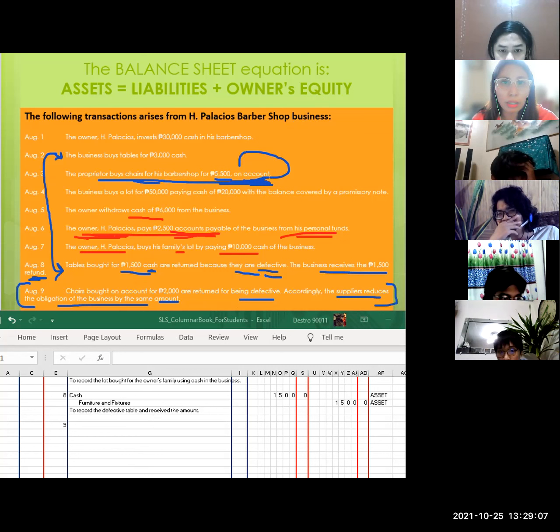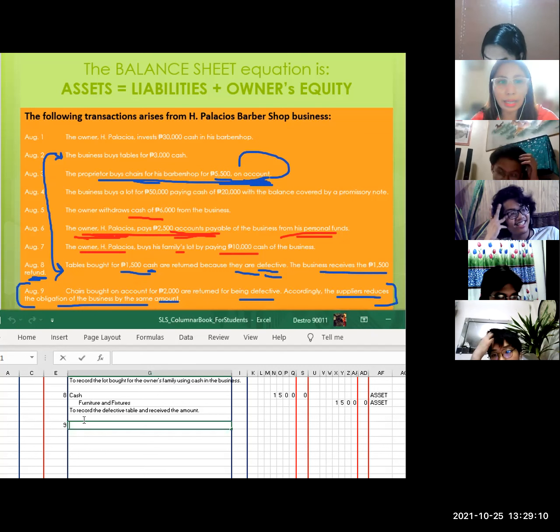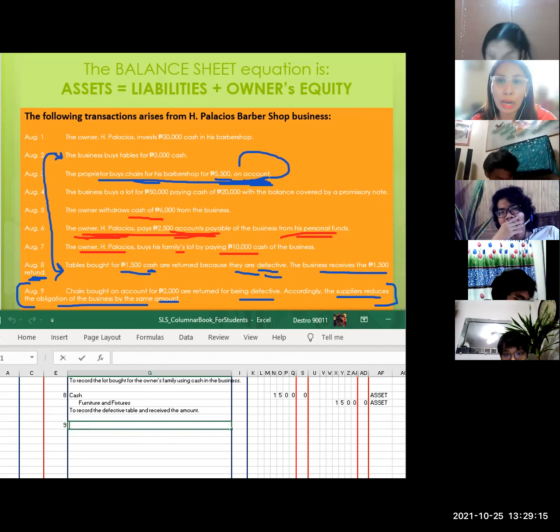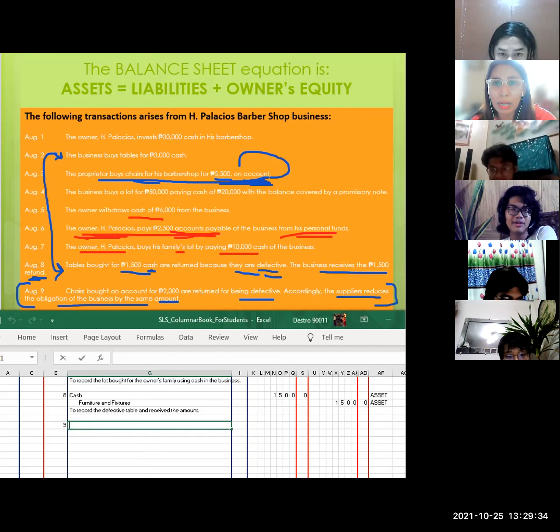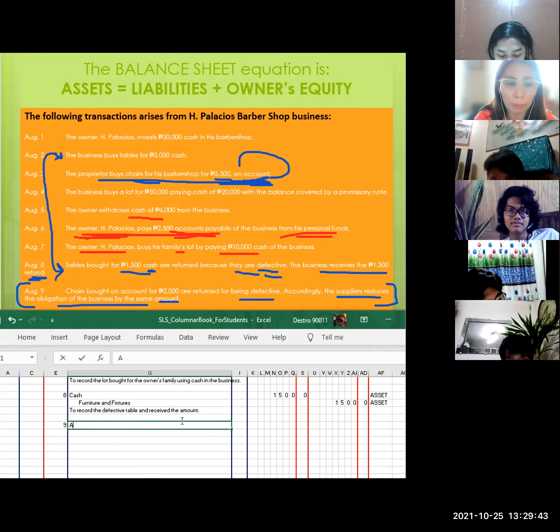Now, ng August 9, shares bought on account ay binalik ng 2,000 pesos for being defective. Sinaoli ng business yung share na binili, and then naka-receive yung business ng same amount. Therefore, it lessens its accounts payable. Nabawasan na po accounts payable.